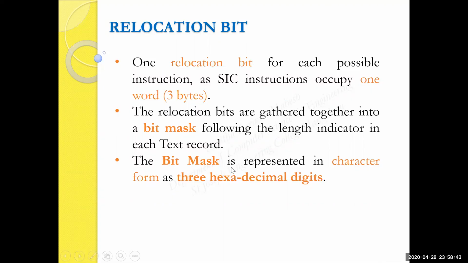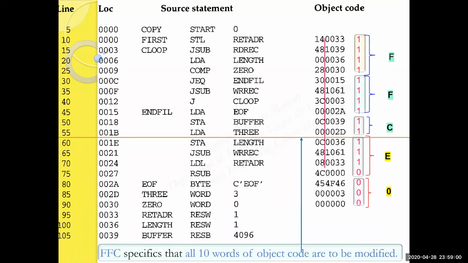The bit mask is generally represented in character form as 3 hexadecimal digits. We shall see how to generate the bit mask for the object codes in the text record.